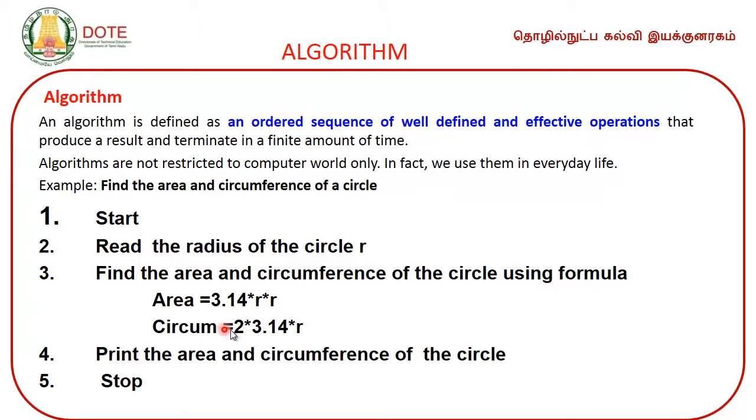Then circumference equal to 2 pi r. These are the formulas required for finding the area and circumference. So, we calculate these two values, and the next step should be to display the result. So, it is print. Such a sequence of steps for the given problem is called an algorithm.